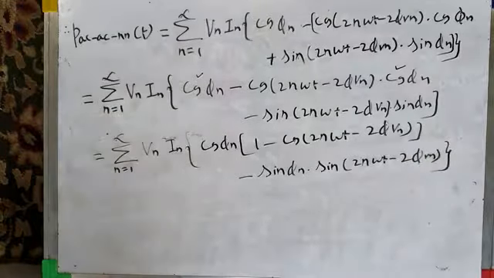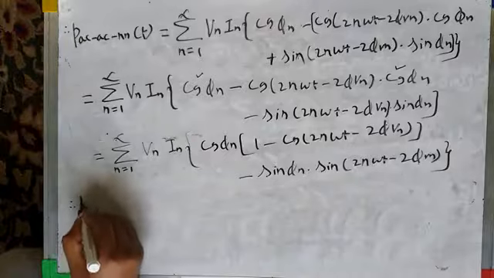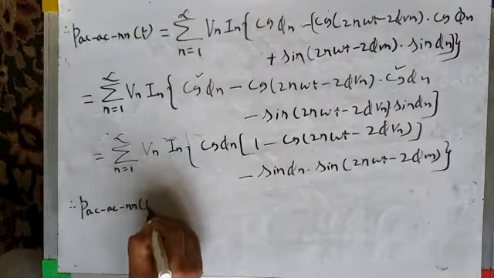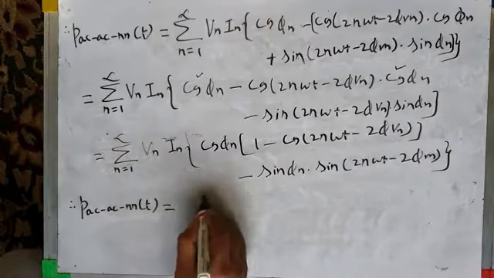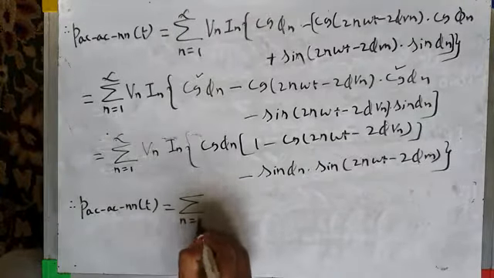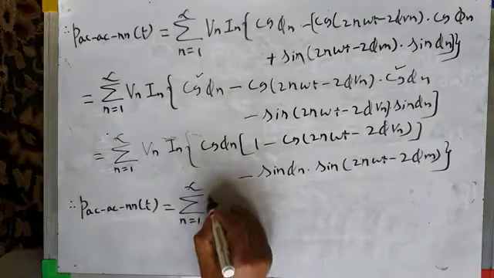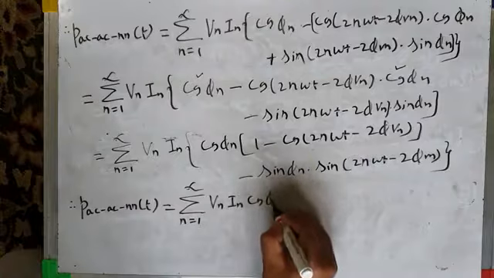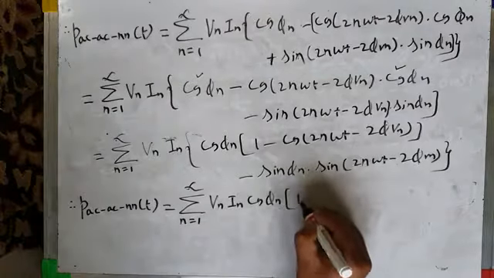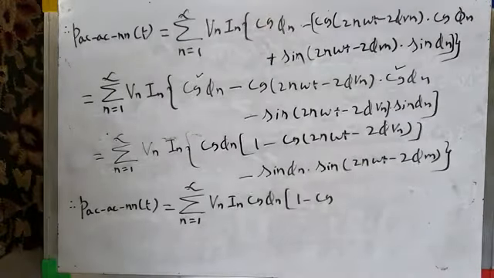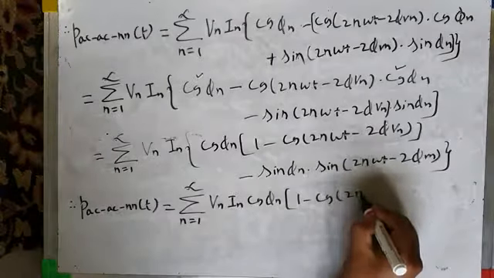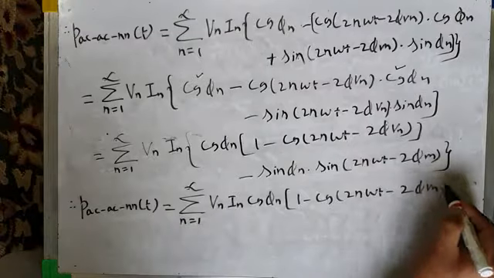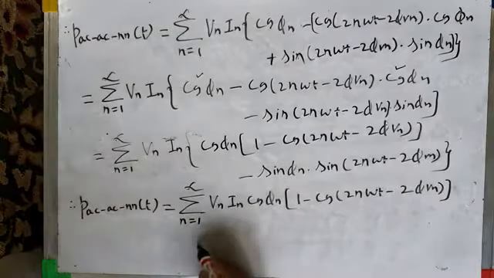That's it. So therefore the final expression for PAC NN T is equal to summation n equal to 1 to infinity Vn In into this term cos phi n 1 minus cos of 2n omega t minus 2 phi Vn minus Vn In.